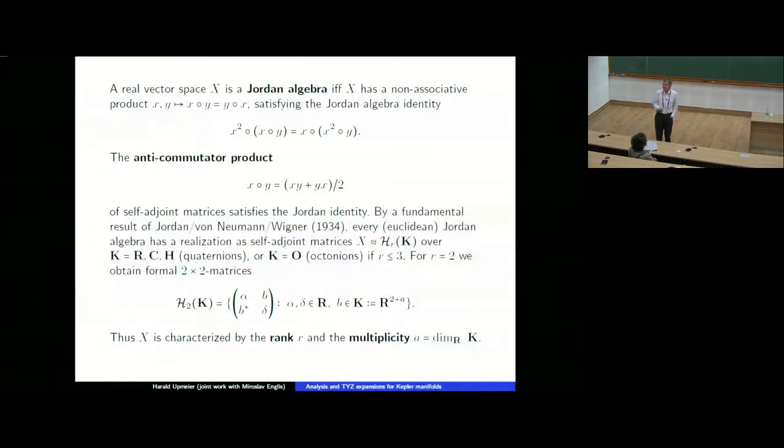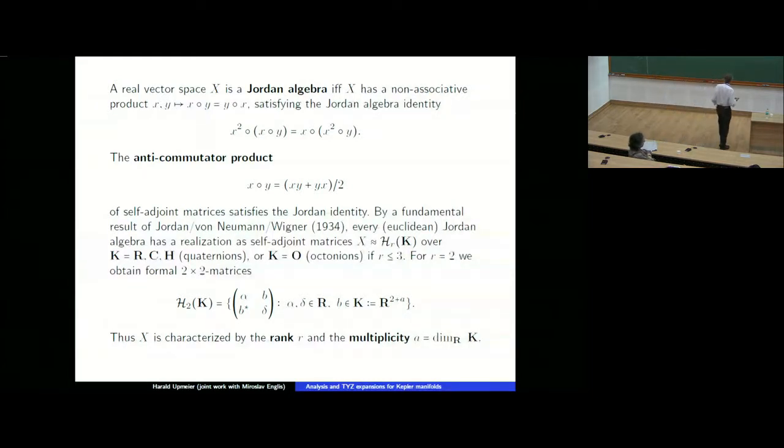They are an 8-dimensional, non-associative division algebra, so I will not write them down. But surprisingly, although the Cayley numbers are not associative, the self-adjoint matrices still obey the Jordan identity, which is trivial in the associative case, but that was still, so that was then called the exceptional Jordan algebra.